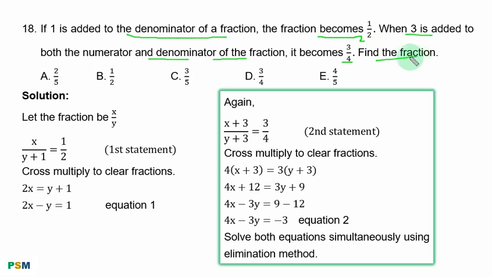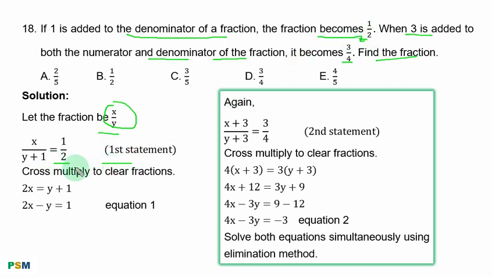Solution. Let the fraction be s over y. From the first statement, you add 1 to the denominator y. You have s over y plus 1, and the fraction becomes 1/2, equal to 1/2.